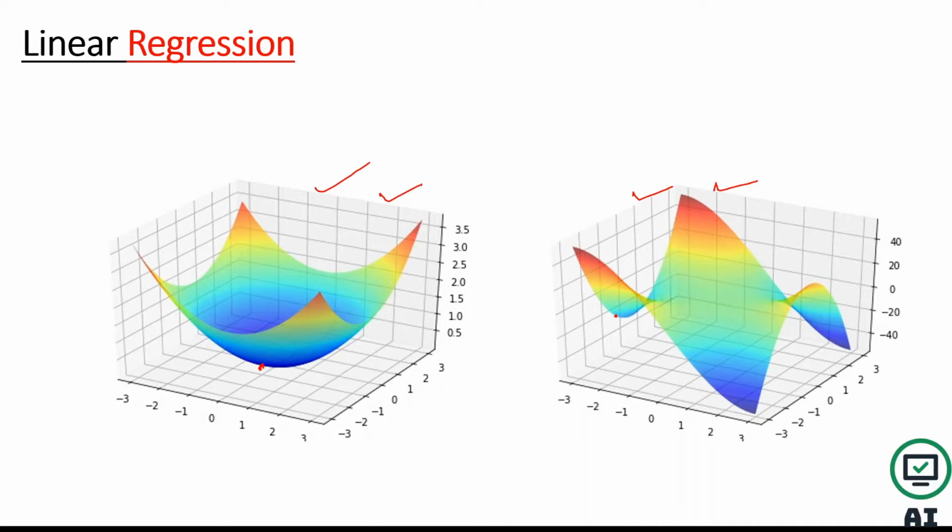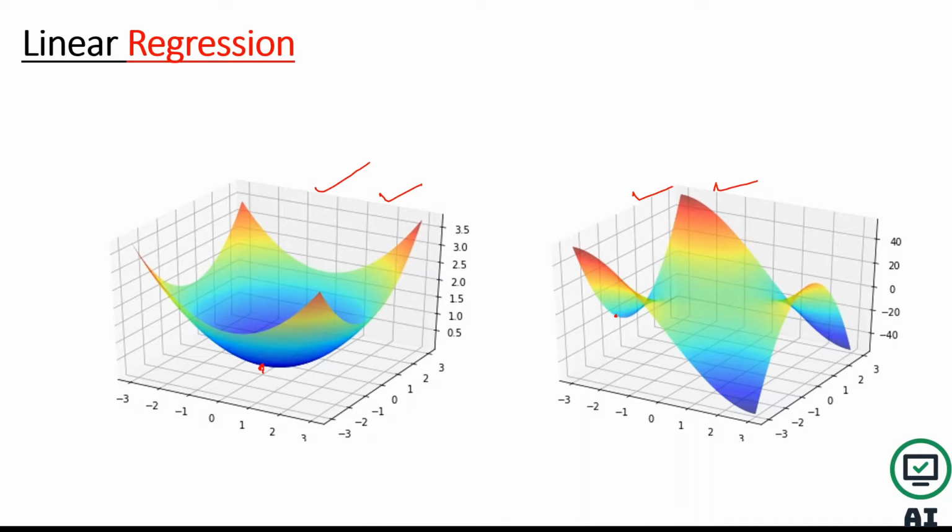So now if we are able to prove that our error function is a convex function, and if we are able to find the stationary point of this convex function, then we can confidently say that at the stationary point the function achieves its global minima.